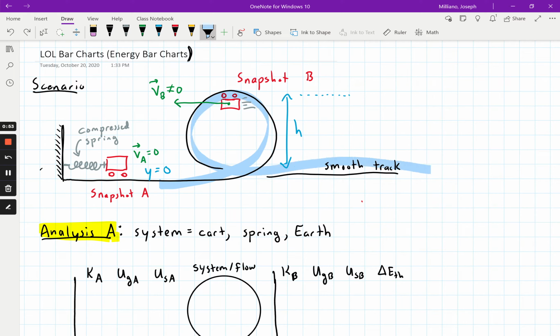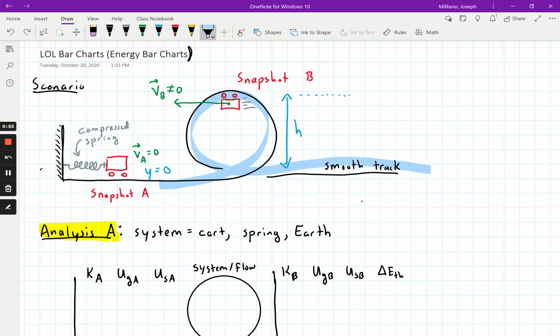Before we do that, I want to point out that I'm using the word snapshot intentionally. This is like if we took a camera when the cart was here at A, and we went click, there's our photo, snapshot A. And then later on, when it's at B, again, we grab our camera, click, and we're at snapshot B. So we're not going to be looking at what happens in between the two snapshots.